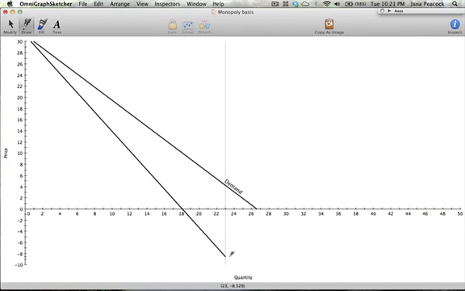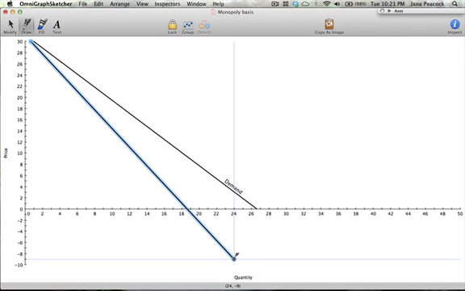I'm going to pause and give you a moment to say what this curve is, and hopefully you said marginal revenue. What happens is, as the monopoly makes one more item, they have to charge a smaller market price for that one item, and that cuts into their marginal revenue. So before, if they made 10 items, they could charge the market price of $21.